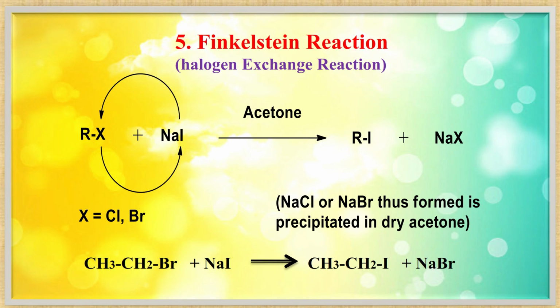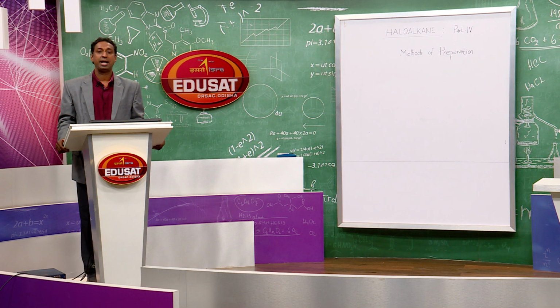See the reaction, RX plus NaI, NaI is the reagent and acetone is the solvent used here to get RI plus NaX, which is chlorine or bromine. Take an example, if it is methyl chloride or methyl bromide and you have added NaI, sodium iodide, and acetone, you get methyl iodide and the respective sodium chloride or sodium bromide. This reaction we call Finkelstein reaction, conversion from chloroalkane or bromoalkane into iodoalkane.